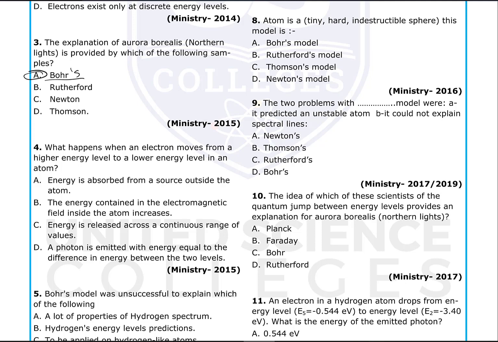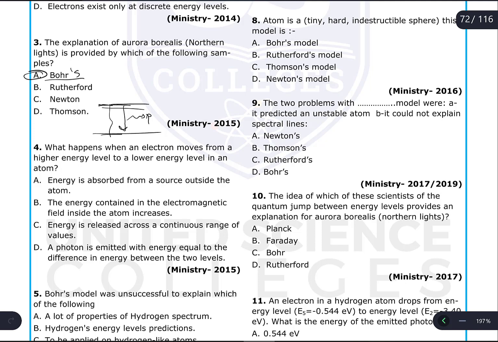Question number 4. What happens when an electron moves from a higher energy level to a lower energy level in an atom? When the electrons transition from higher to lower, the difference in energy of these levels is emitted as a photon. According to Bohr's model, energy is absorbed from a source outside the star. No, this is not the case.